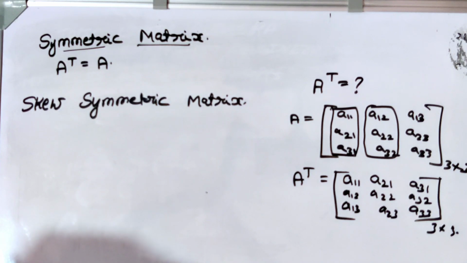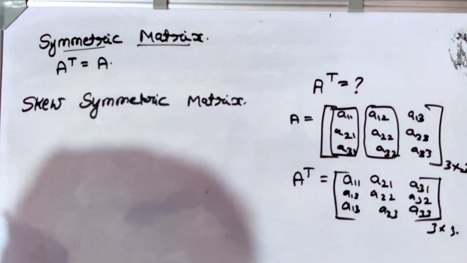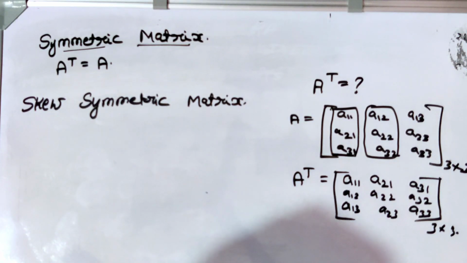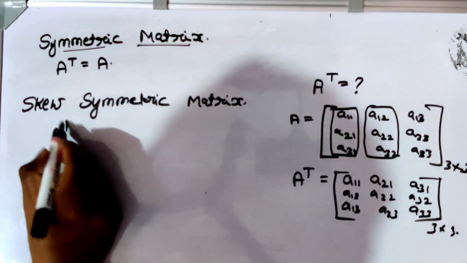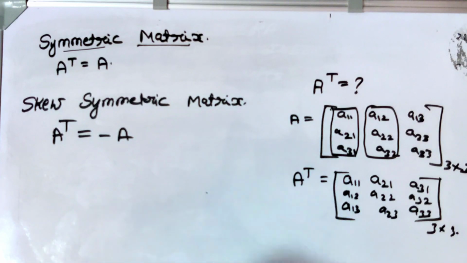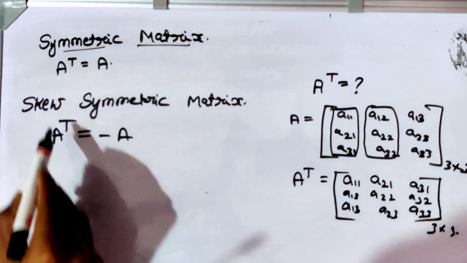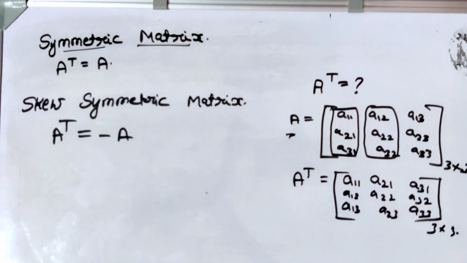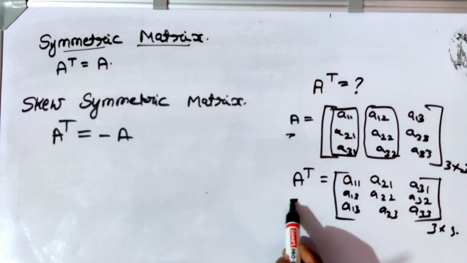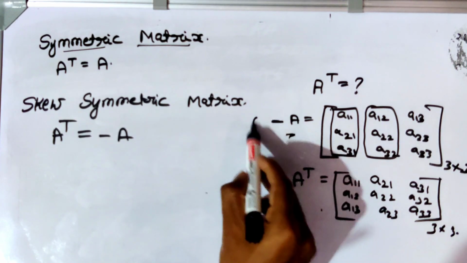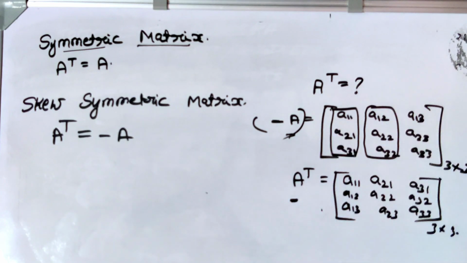A matrix A is said to be a skew symmetric matrix if and only if the transpose of the matrix A is equal to the negative of the matrix A. So A transpose is equal to negative A. So these are some of the important types of matrix.